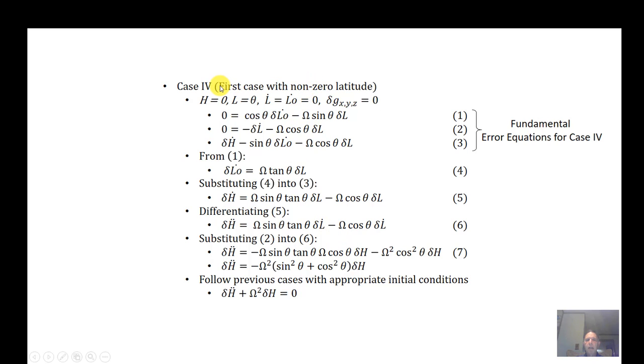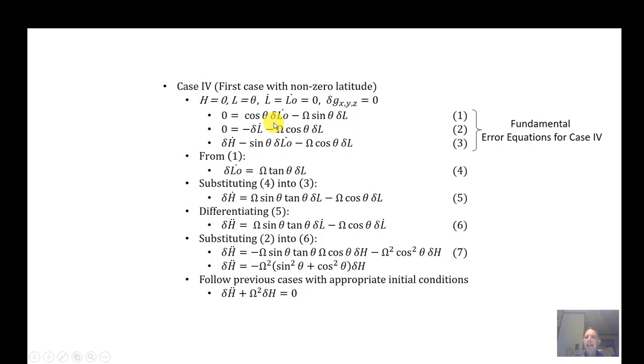Case 4 will be just to exemplify the fact that things aren't too different if we remove the assumption, at least for the homogeneous part of the solution, of equatorial latitude and went to a non-zero latitude. So again, these are the fundamental error equations.